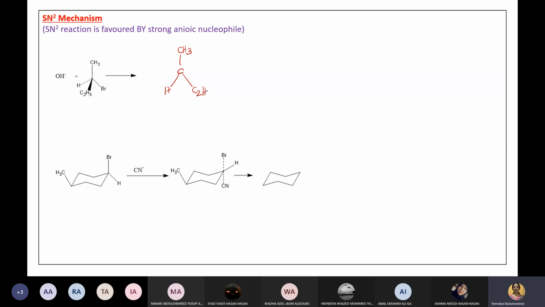I'm not writing wedge and dash. Now something is coming inside, something is going out. So the leaving group is Br minus, and the incoming group is OH. So you get a transition state. There's a negative sign on the bracket. That is not very significant.